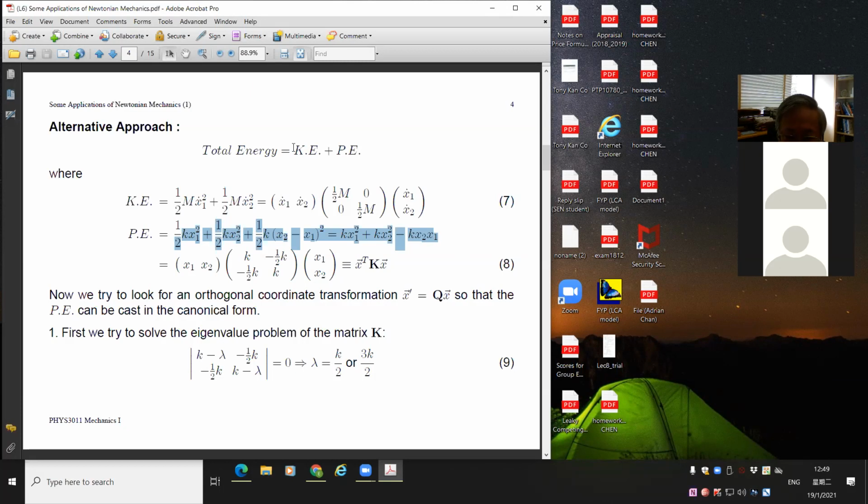Can you see that the total energy is in fact in quadratic form, right? So we try to diagonalize this quadratic form in such a way that instead of summing n by n terms, we sum n terms, right? Okay.